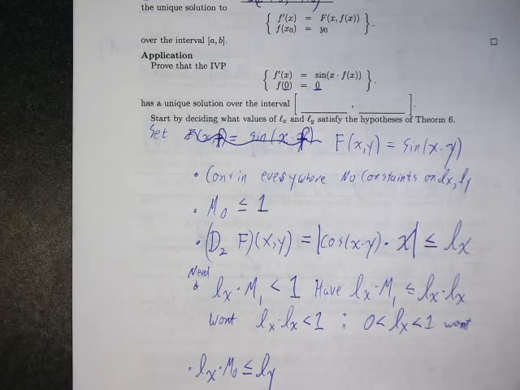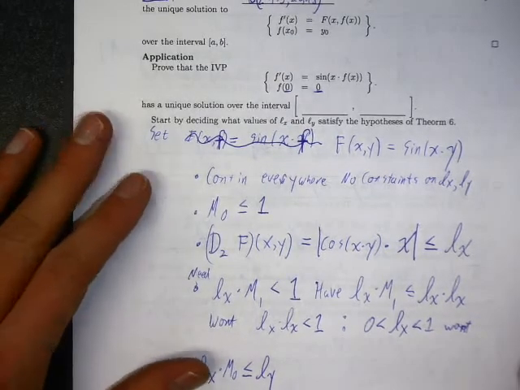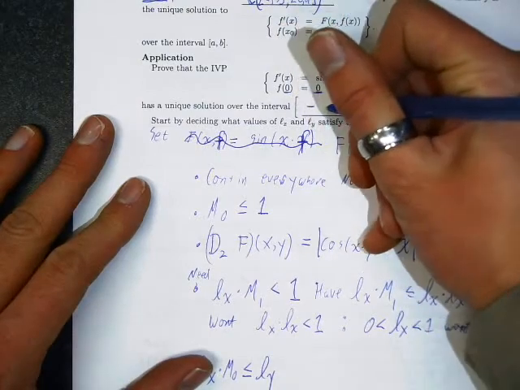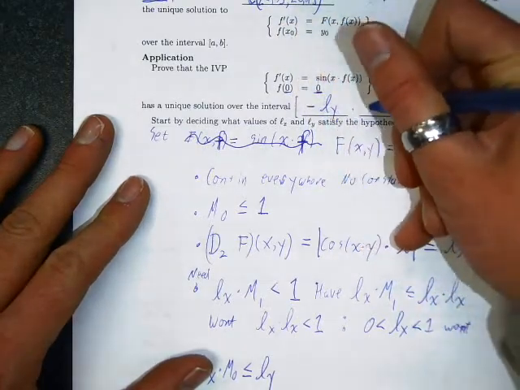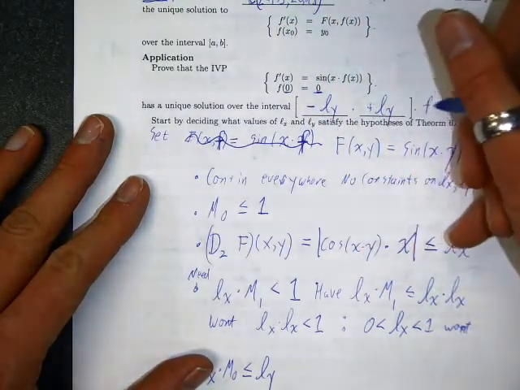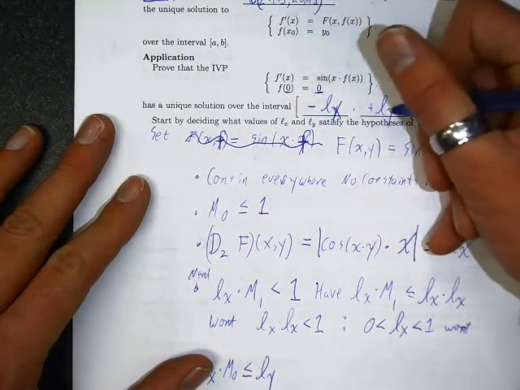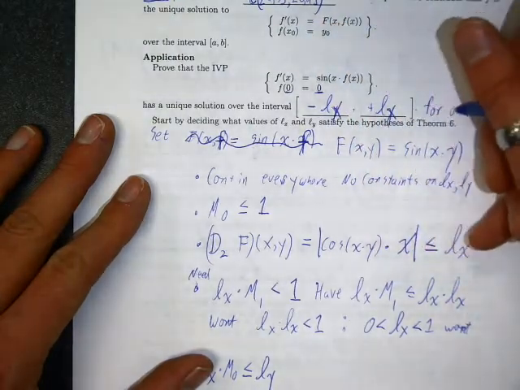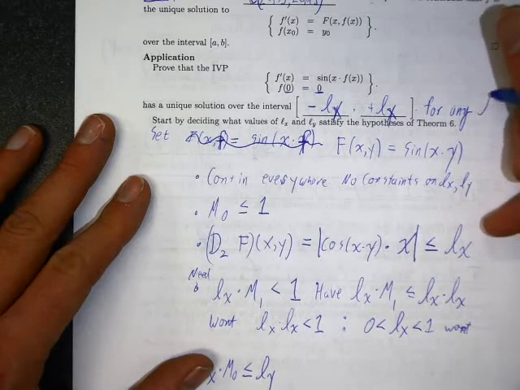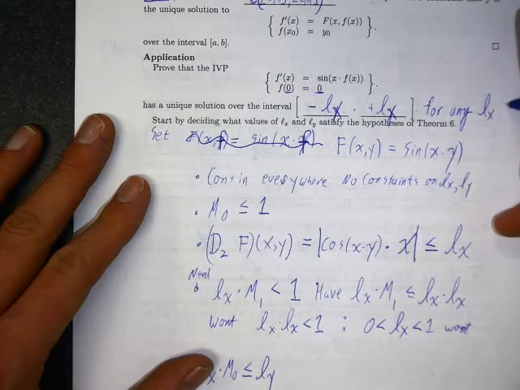So it looks like I can make an appeal to this to show that there will be a unique solution on the closed interval from negative Ly to positive Lx for any Lx in (0, 1).